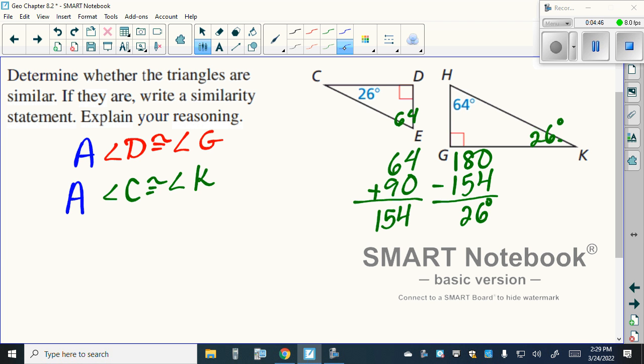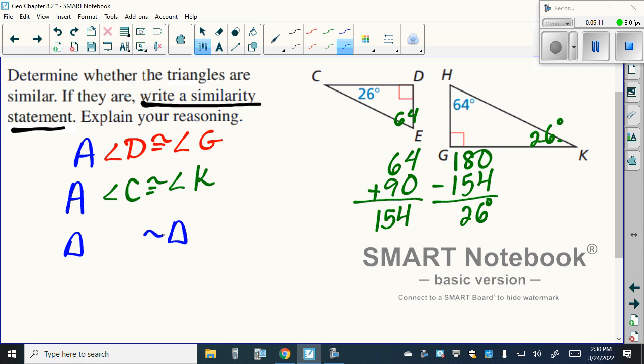Now that we have those two angles, we're going to write a similarity statement. Our similarity statement is going to be almost the same as our congruency statement, but instead of writing a congruency sign in the middle, we're going to use a similarity sign, which is just a single little squiggle line.